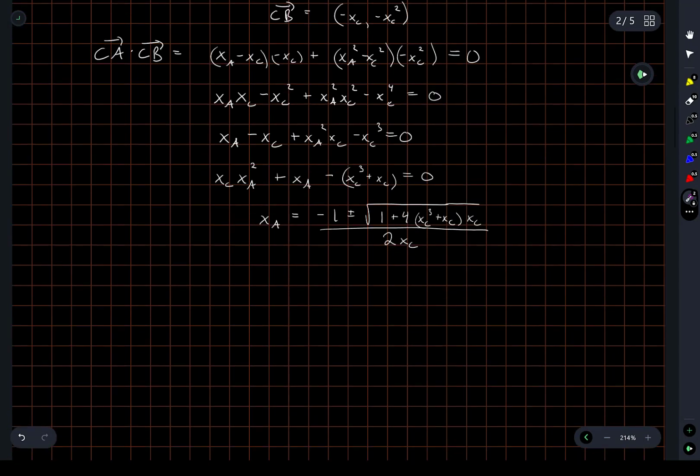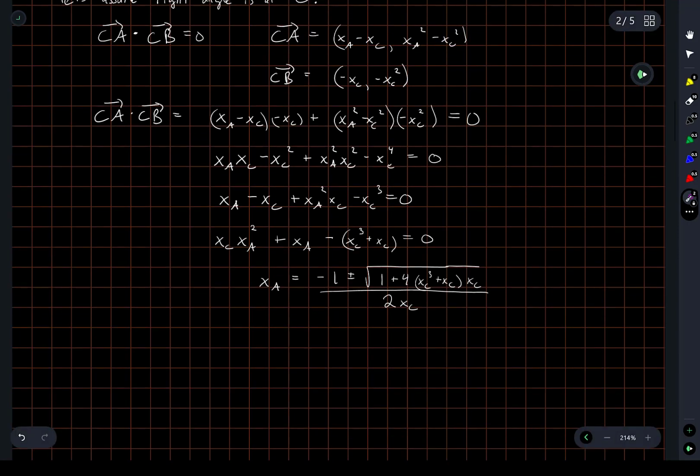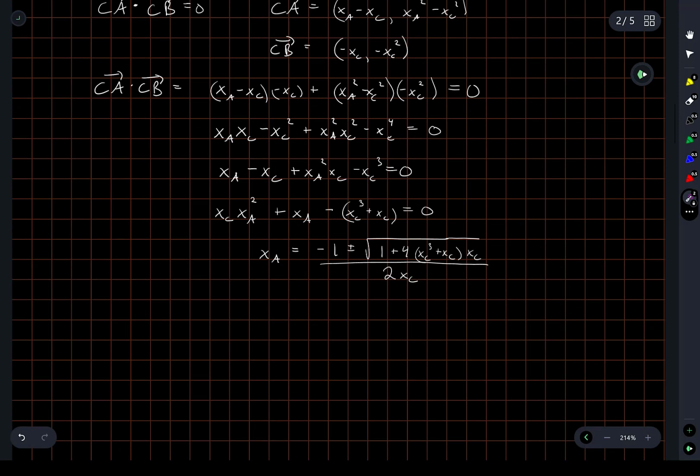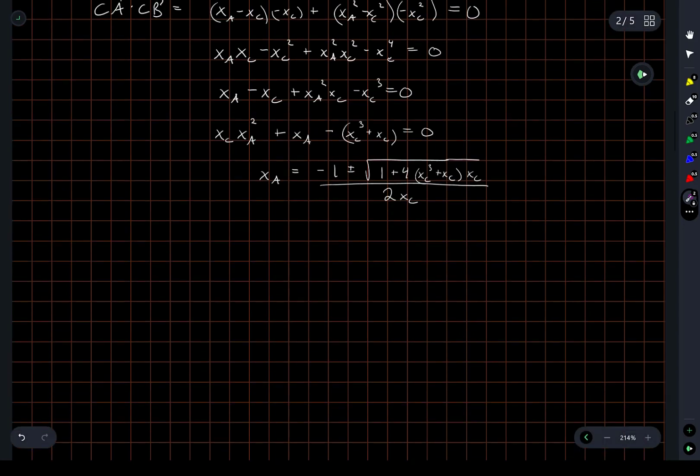It shouldn't matter whether I assume XC is positive or negative, but the choice of the plus or minus here is probably going to also correspond to the symmetry we had before, where we can reflect A and C through the y-axis. Okay, anyway.